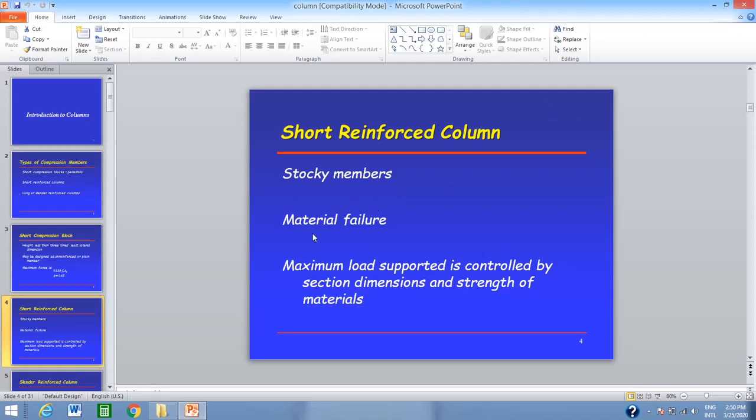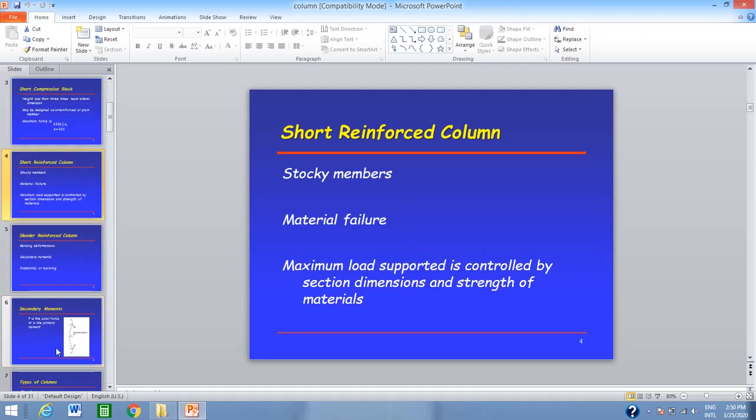In that, the failure may be because of material failure. Generally the short reinforced column fails by crushing of the concrete, and the maximum load supported is controlled by section dimension and strength of the material. If the section dimension is more, the load carrying capacity of this column is more. If the concrete strength is more, the load carrying capacity of this column is more.